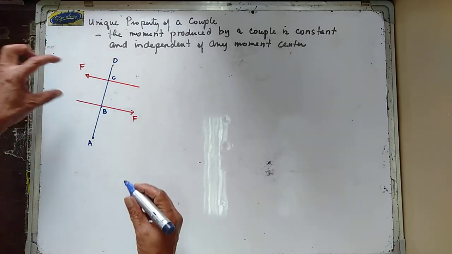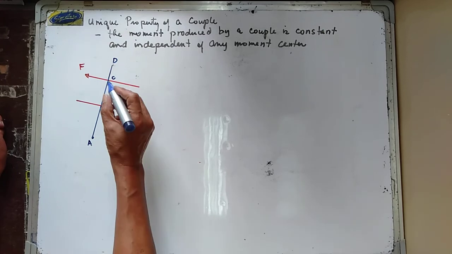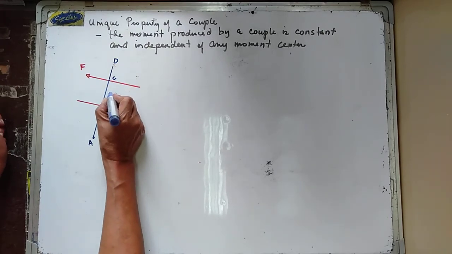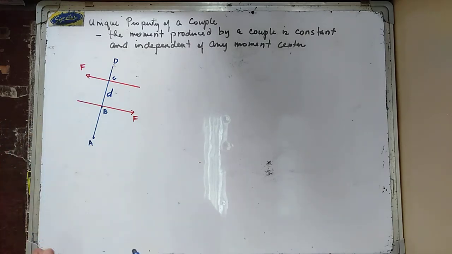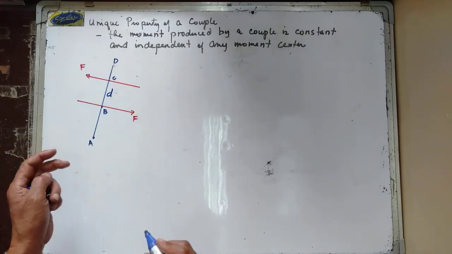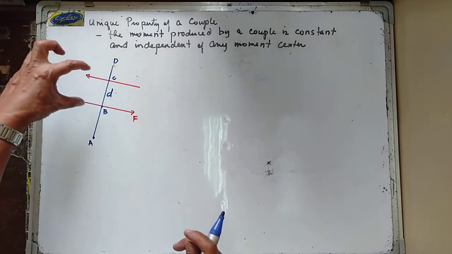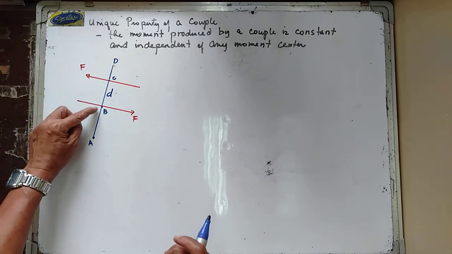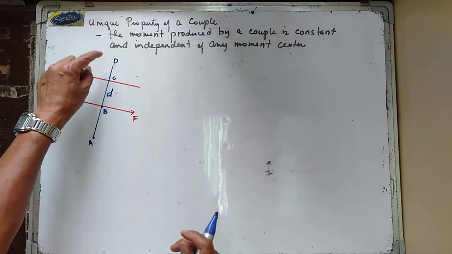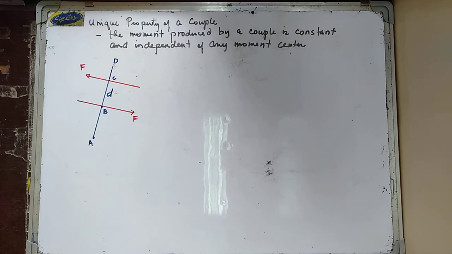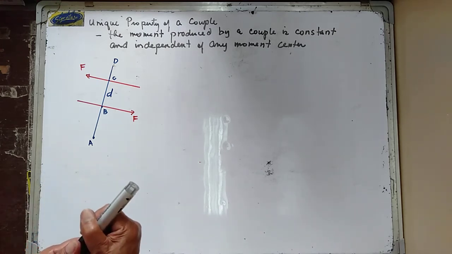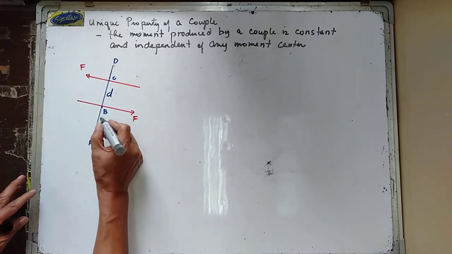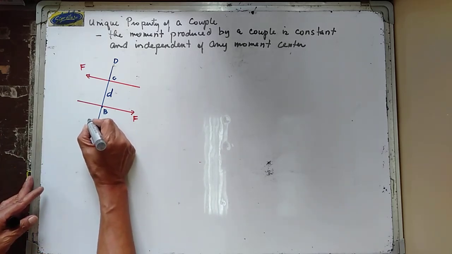The distance between the lines of action of the couple is equal to D. Let us determine the moment of this couple about point A, about point B, about point C, and about point D.